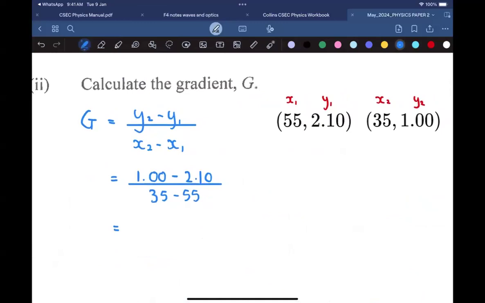Minus 54.06. Yeah. Let me check that. That seemed oddly big.